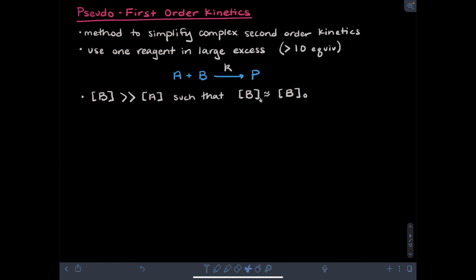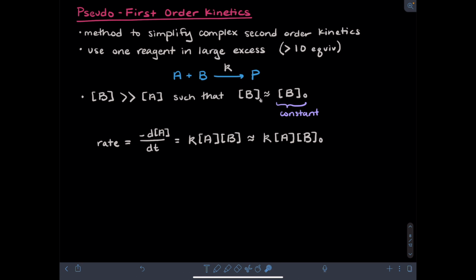So you could say that the concentration of B at a given time t is about the same as the concentration of B that you started with at time 0. And the concentration of B that you started with at time 0 is a constant, equal to however much you added to your flask. So for your rate law, you would have the rate equal to k times the concentration of A times the concentration of B.